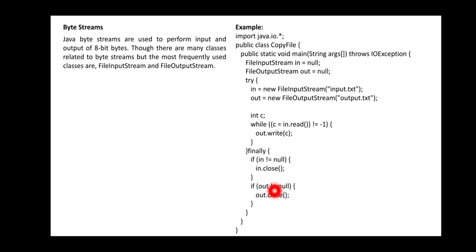Because if you don't close them, ultimately it is going to store unwanted information within itself. Even if you close the program, the files themselves will remain open. So to stop all that unwanted information from being stored, we stop them right there. That is nothing but a byte stream, and how you use FileInputStream as well as FileOutputStream.